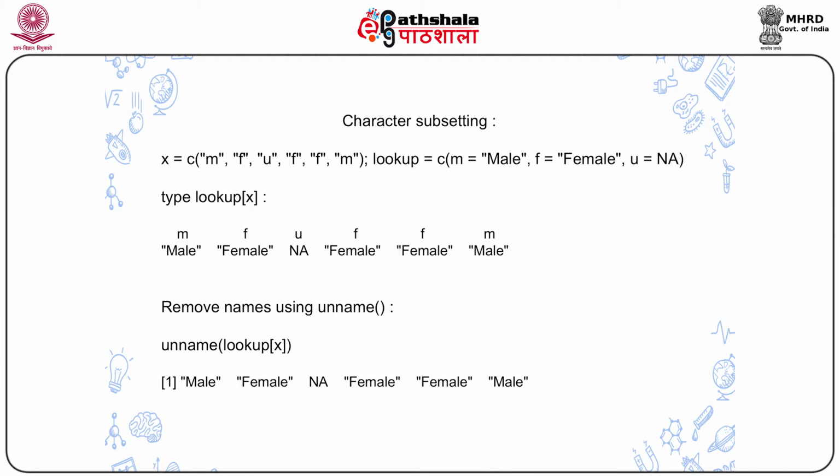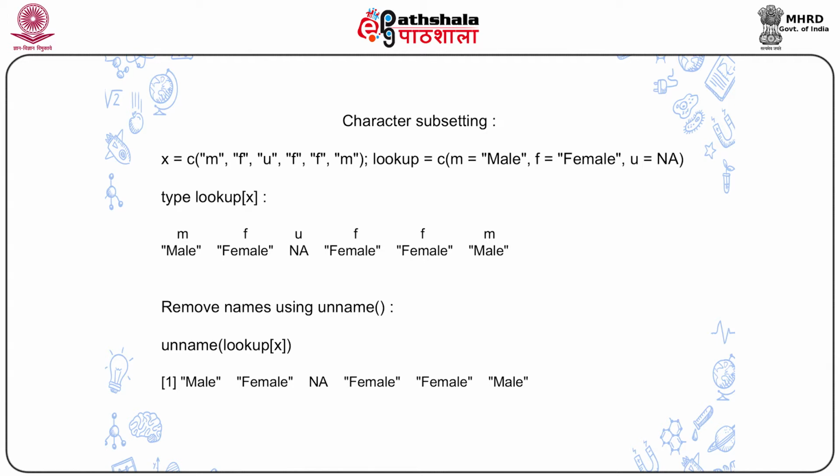Now if we type lookup, then within third brackets x, we will have the output corresponding to each of the characters, and the output will be like the one which is given here. Now, if you don't want names in the result, you can use unname to remove them. So, unname lookup x will give you the output which is given here.